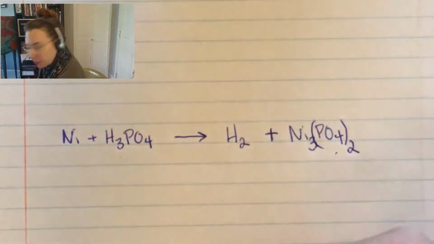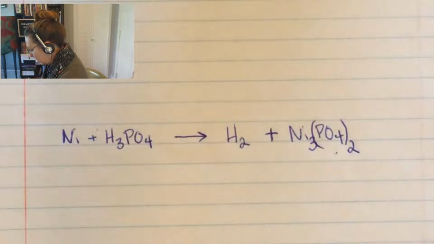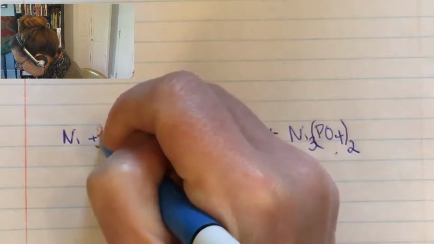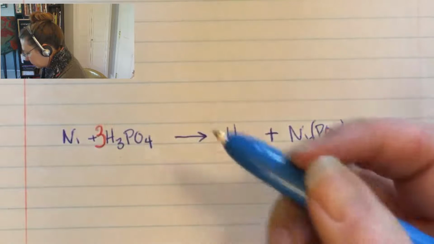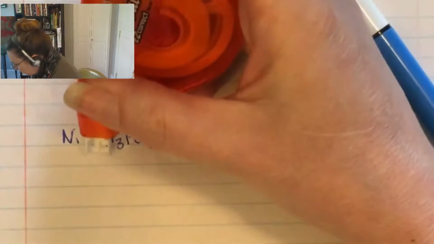So the way that I am going to balance this, I'm just going to switch colors for the balancing. We're going to put a 3 here. Nope. Hold on. Thank goodness for whiteout.